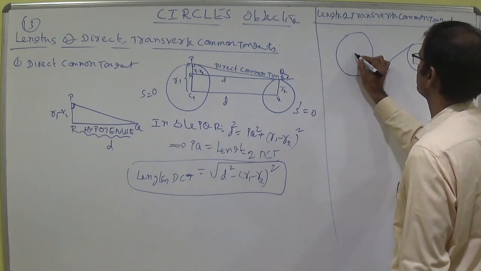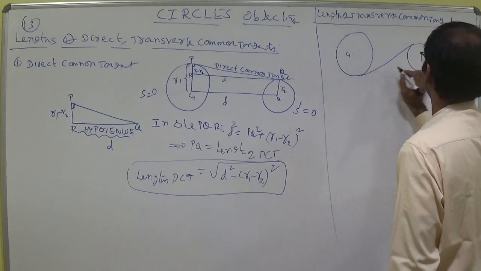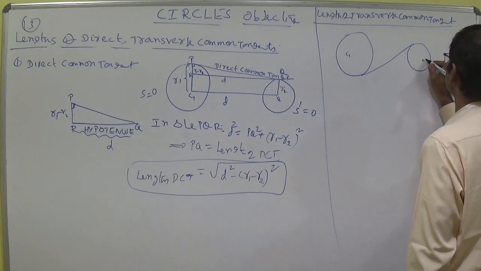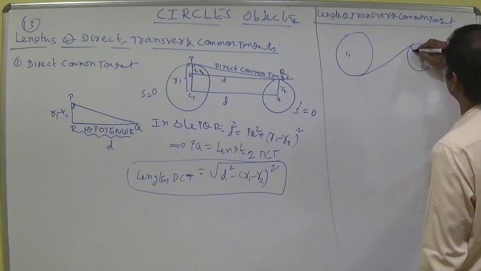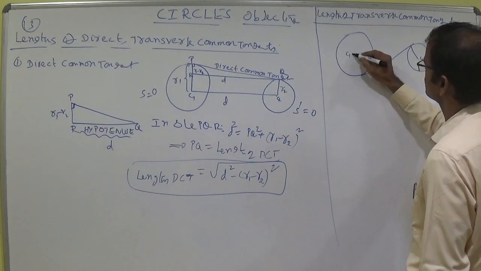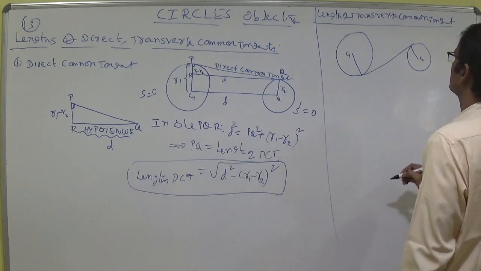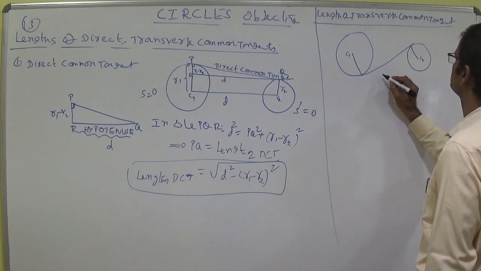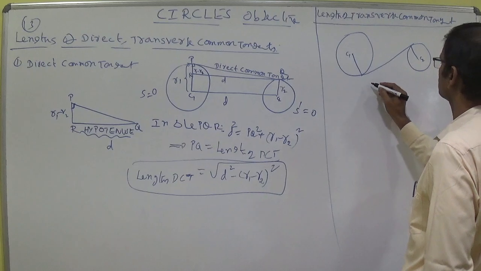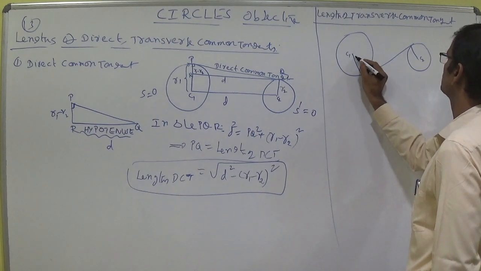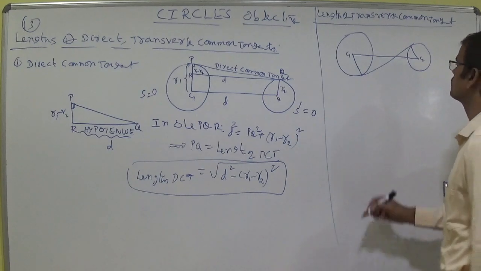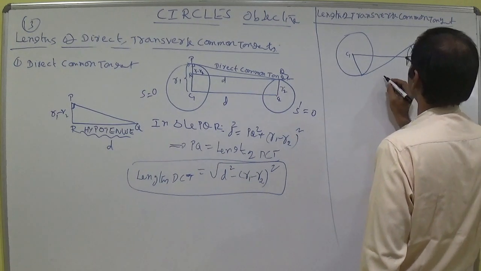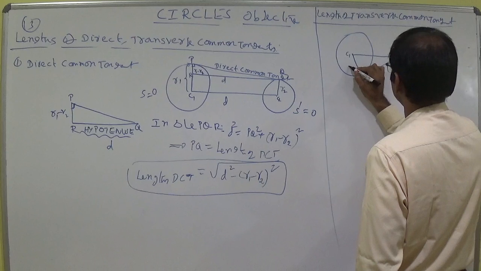Put here C1. Put here C2. Draw like this. We know that C1, C2 is equal to D. Now we should calculate, students, this is R1.